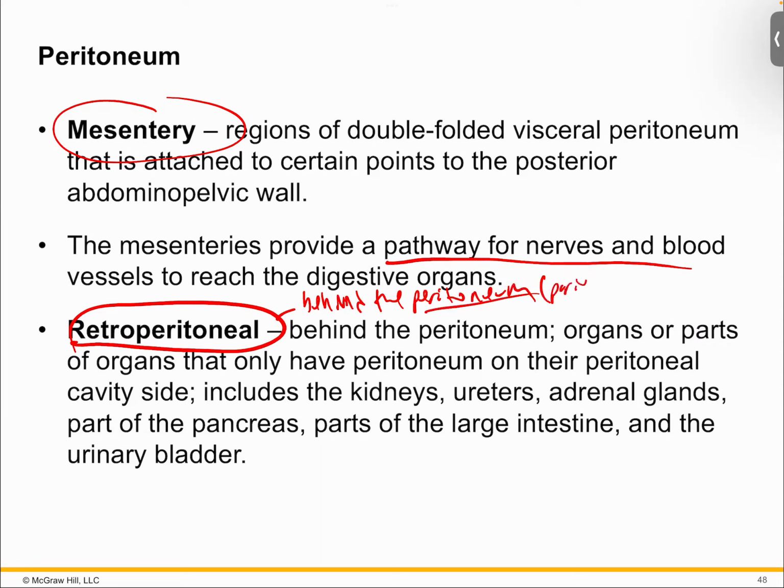Typically what we're referring to here is the parietal peritoneum, right? So this right here would be the visceral peritoneum, covering the organs, tying the organs together, and connecting them to necessary vasculature. This one right here is associated with the parietal.